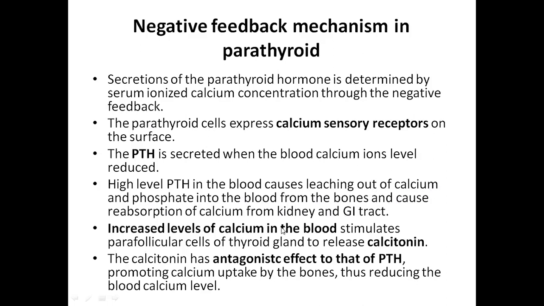Now, once the calcium levels in the blood keep increasing, the parafollicular cells of the thyroid gland sense the increase in the blood calcium level and secrete what is known as calcitonin. Remember, calcitonin functions in an antagonistic way to the parathyroid hormone to reduce the blood calcium level.